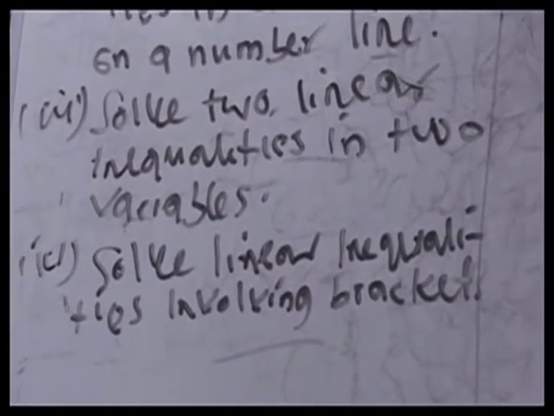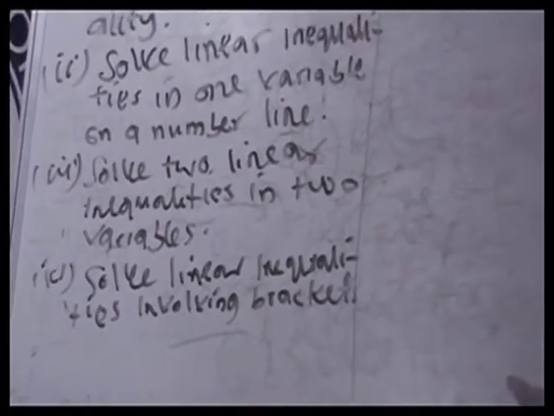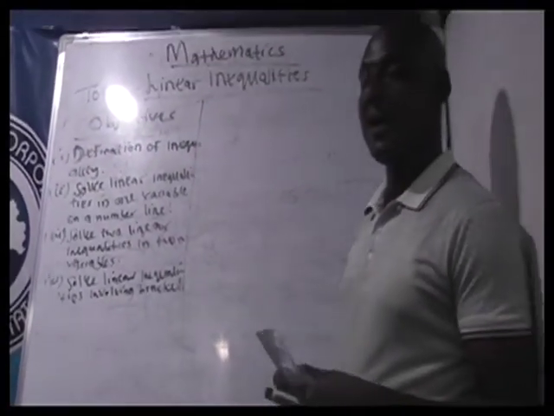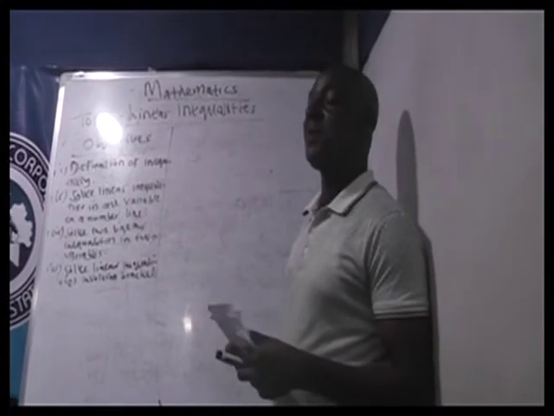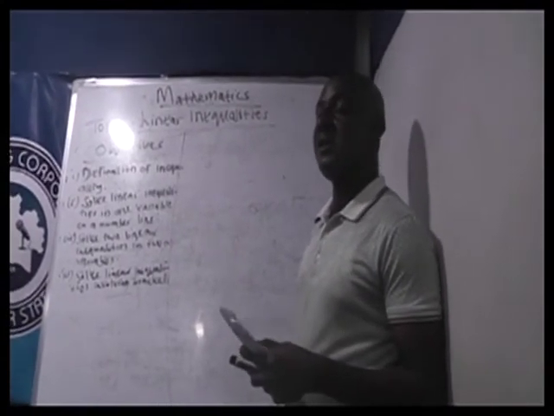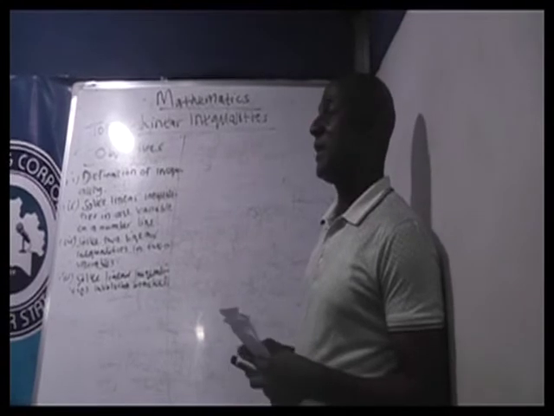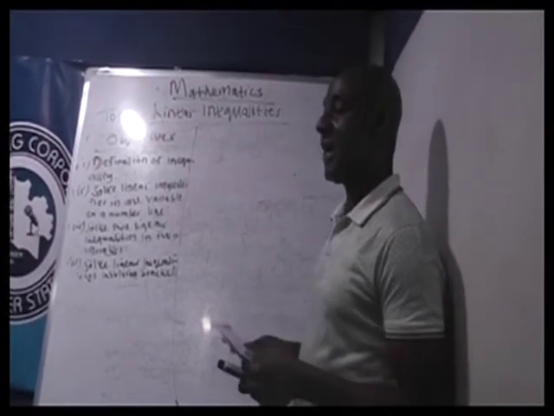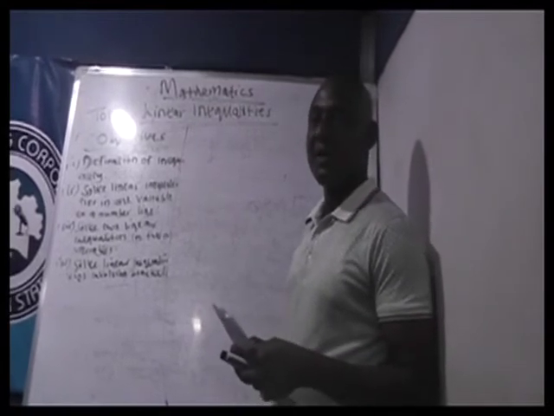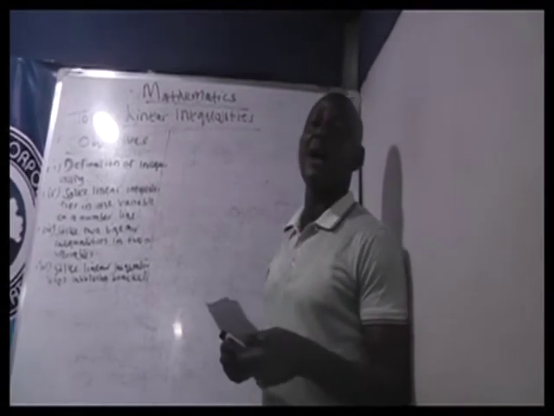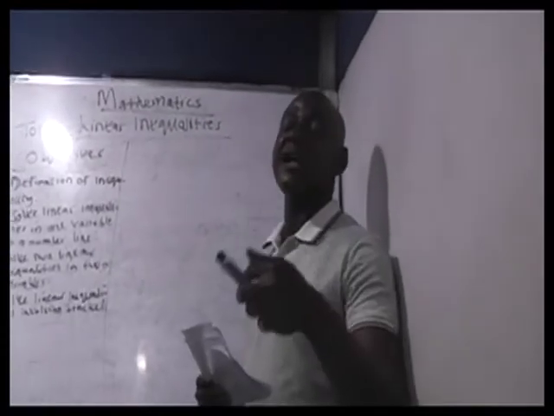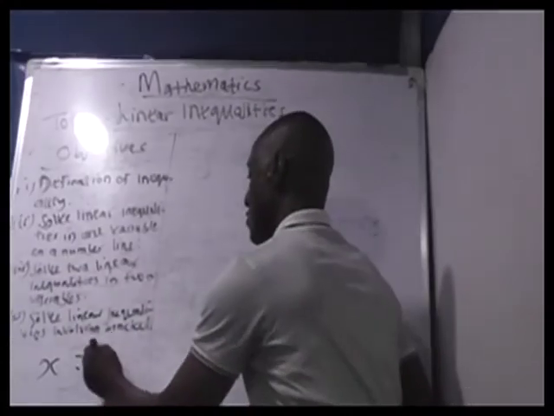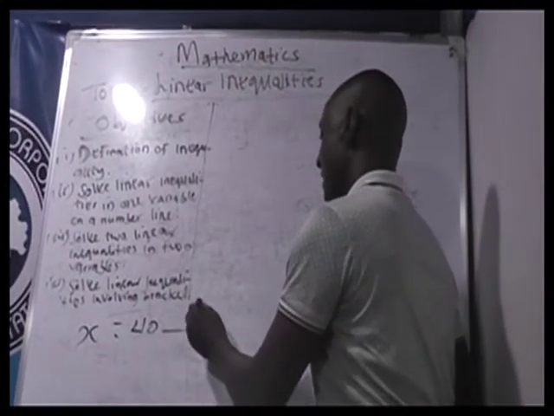However, before I define the linear inequality for you, let me quickly take your mind back to what you have learned in your JSS1 as an equation. For instance, if I have X box and 40 people are inside the box, I will have said that X is equal to 40, and this is an equation.